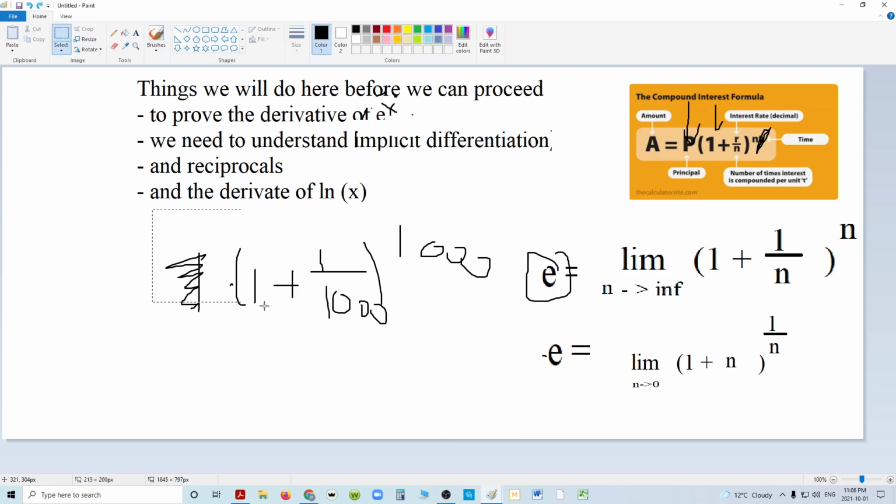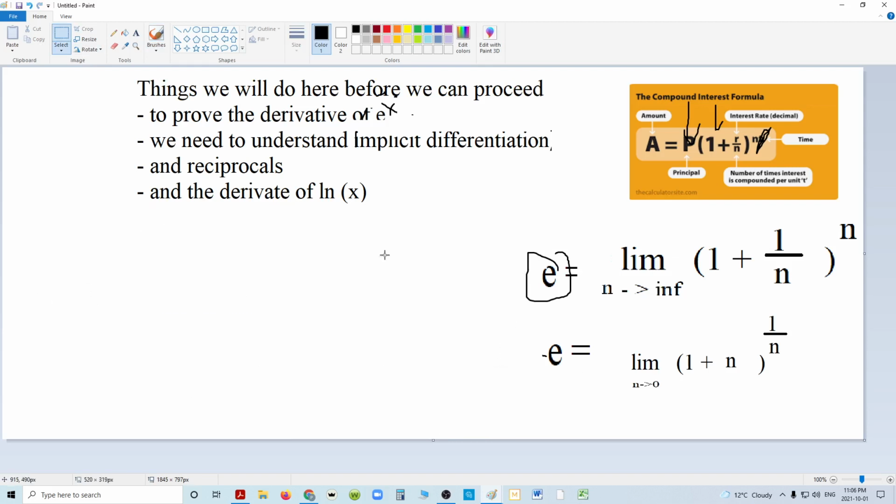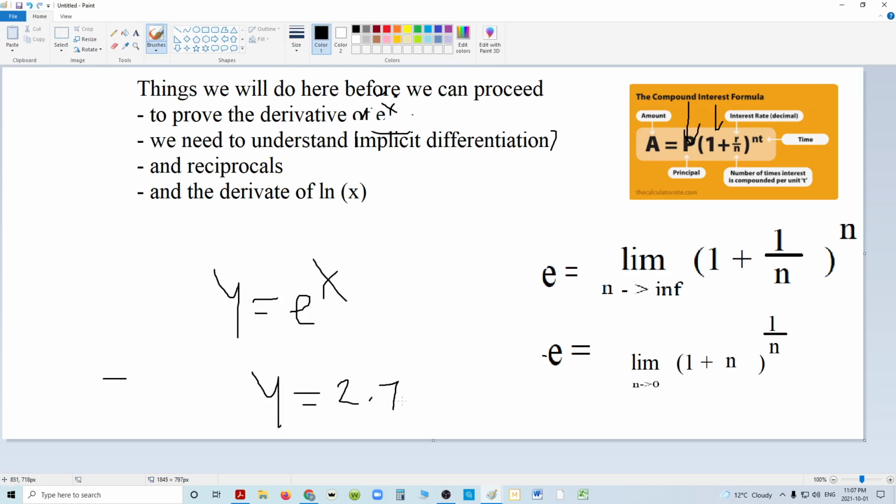And if you graph this graph, you're going to get y is equal to e to the x. Well, that's the same as y is equal to 2.71 to the x, and it's clear it's a growth curve.